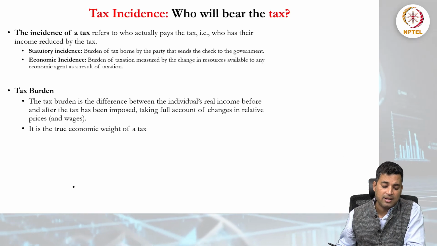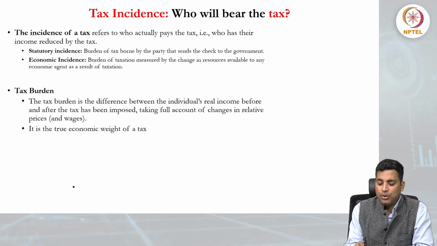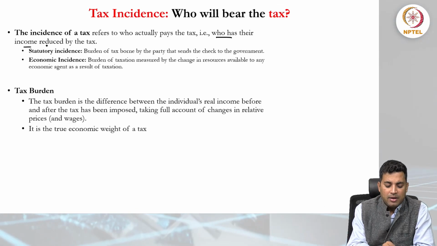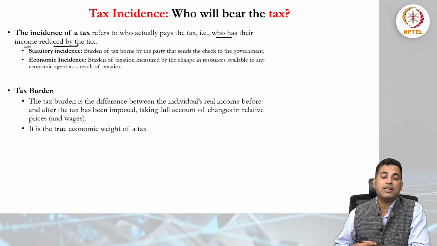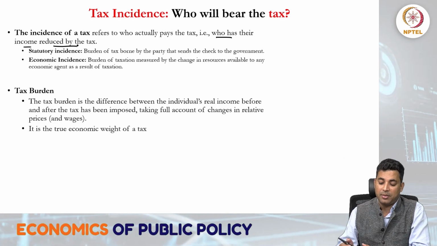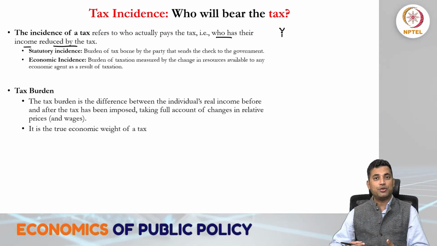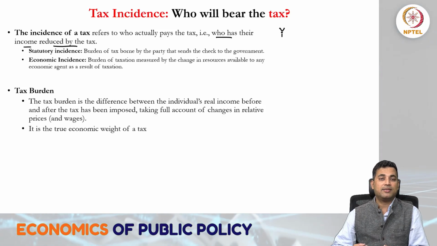So when we talk about tax incidence, let us first discuss what it is. The incidence of a tax refers to who actually pays the tax, that is, who has their income reduced by the tax. If you recollect, we are referring to disposable income, right? The income that we get, we should not be happy about it, because that is gross income.